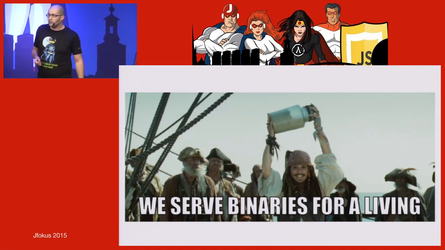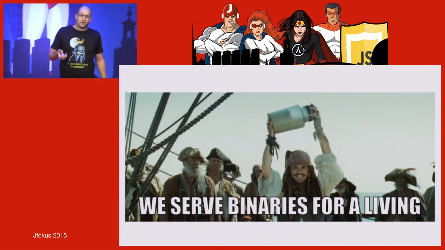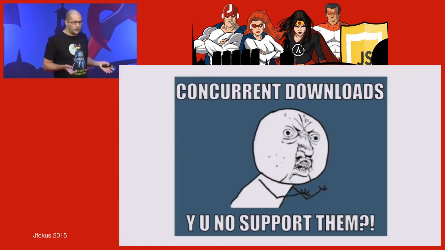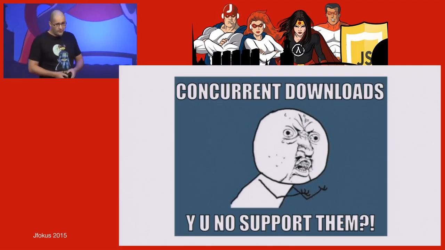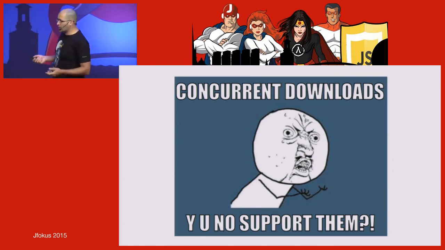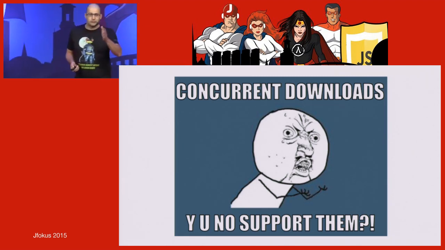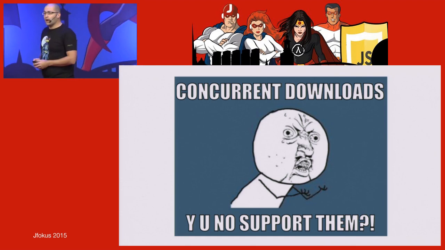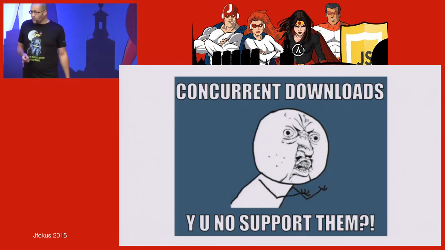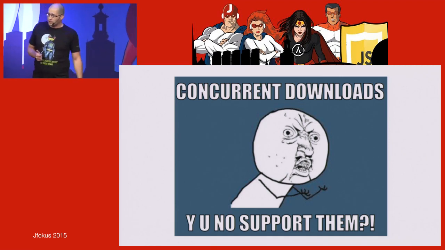All those download binaries, and the single feature they all don't have is concurrent downloads. So if you have a Java client that needs to consume binaries from Artifactory, it will do it file by file, one after another, which is nice, but of course concurrent downloads would actually be better.